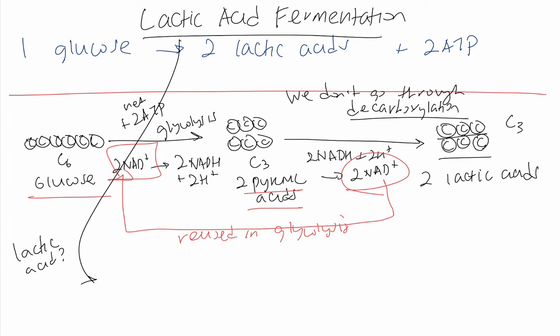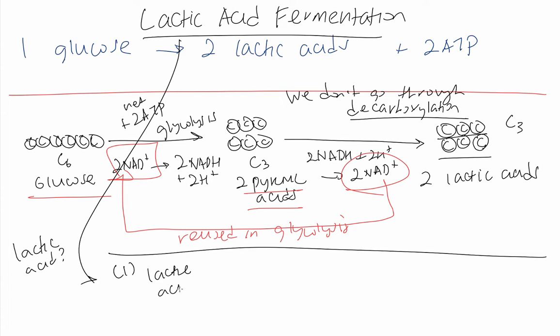So 2 examples. Example 1 is, of course, we can talk about lactic acid bacteria. And so lactic acid bacteria, again, is a really general term, where it's not a specific type of bacteria, but a general term applied to any bacteria that makes lactic acid by breaking down glucose or sugars.